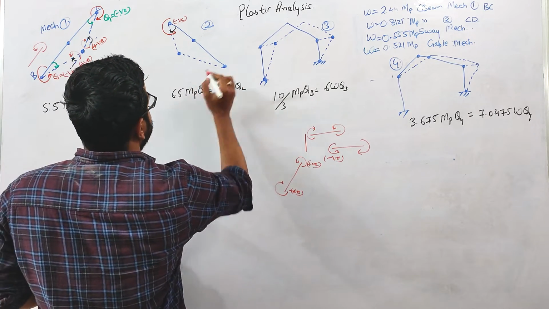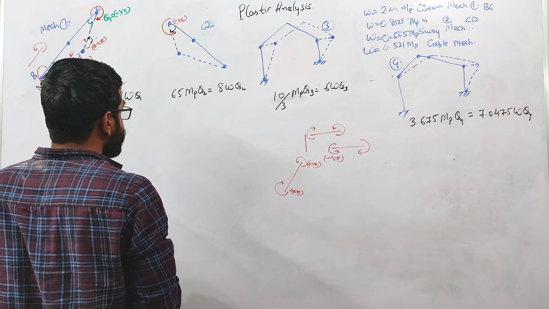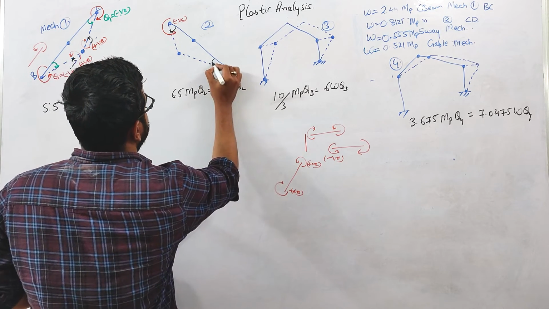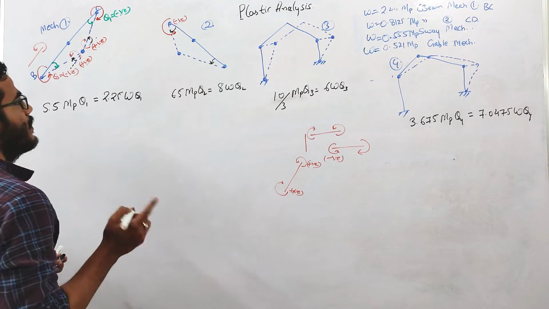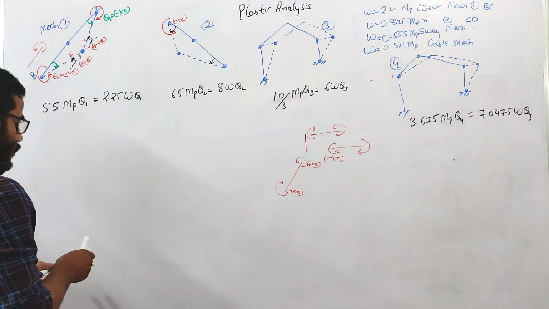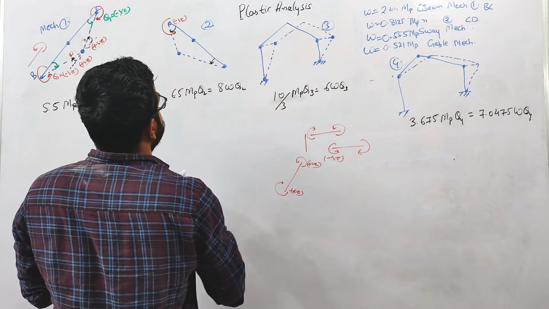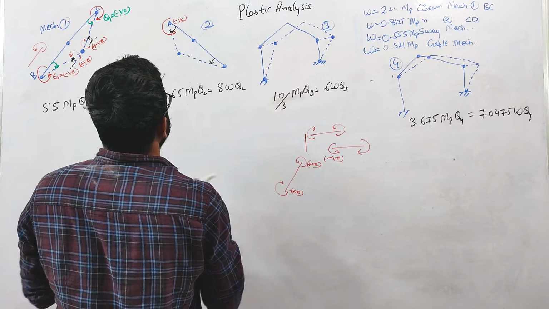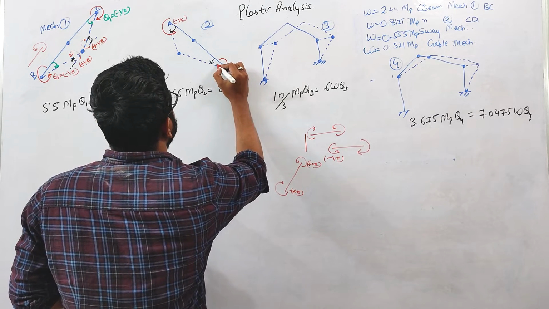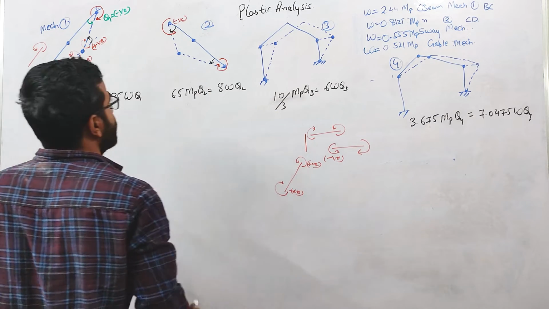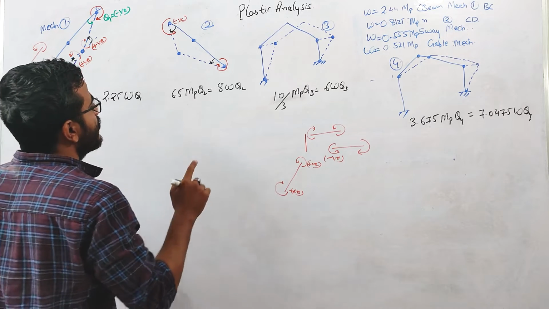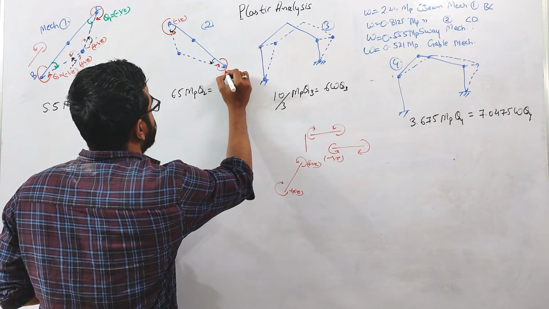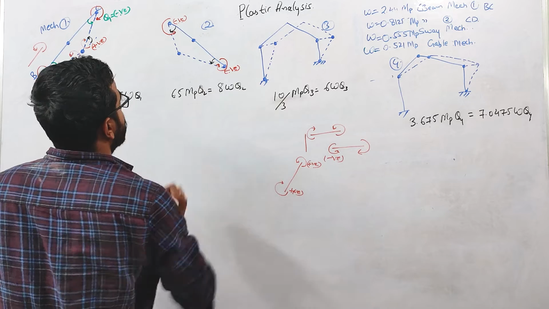Similarly here also, if you see, the direction of the rotation is basically what? Clockwise or anti-clockwise. So the moment will be clockwise, right? So again, this is producing compression inside and tension outside. So this will be negative theta, right?